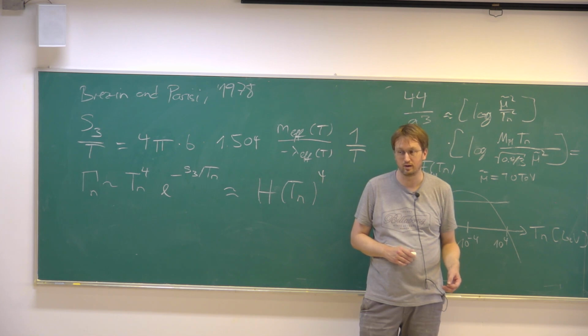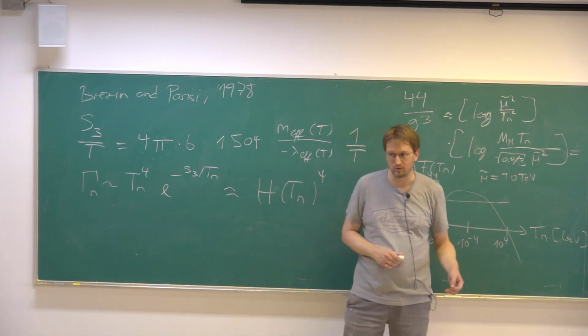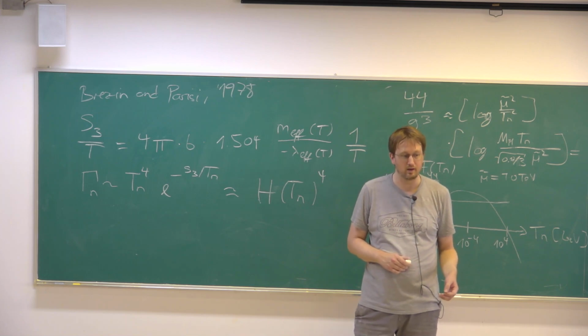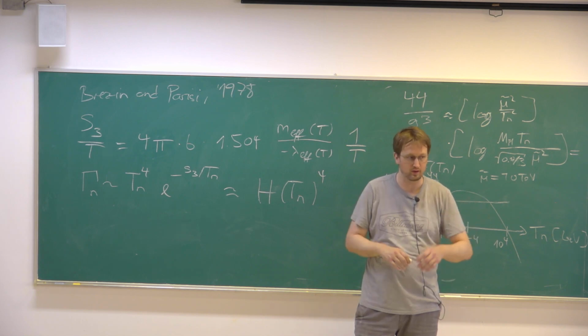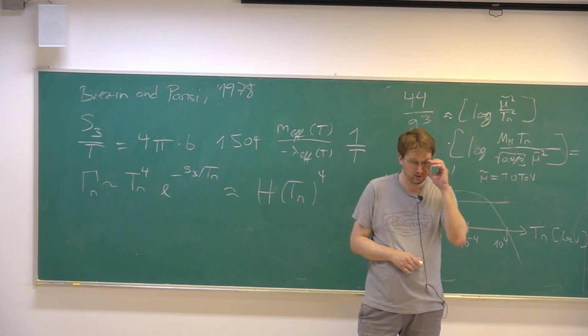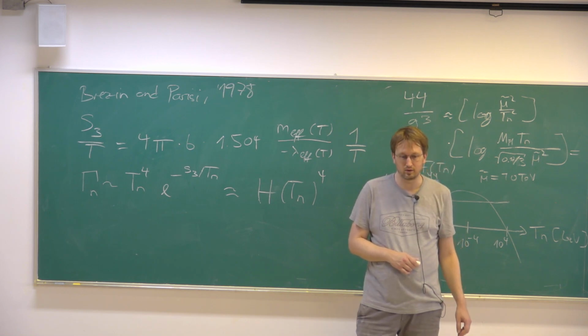That's why people are interested in them. Later, once LISA comes online, you could also see much weaker phase transitions in other experiments. But for now, that's really all we have. So that's why people are in particular interested in these models.